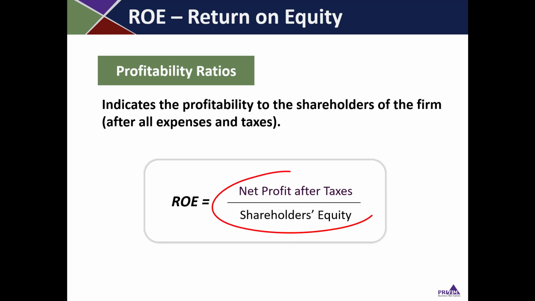It's calculated as net profit after taxes divided by total shareholders' equity. So if you had an ROE of 12%, you're generating 12 cents of net profit after taxes for every dollar of total equity that the owners of the company have invested in the business and retained in the business instead of taking out as a distribution or a dividend.